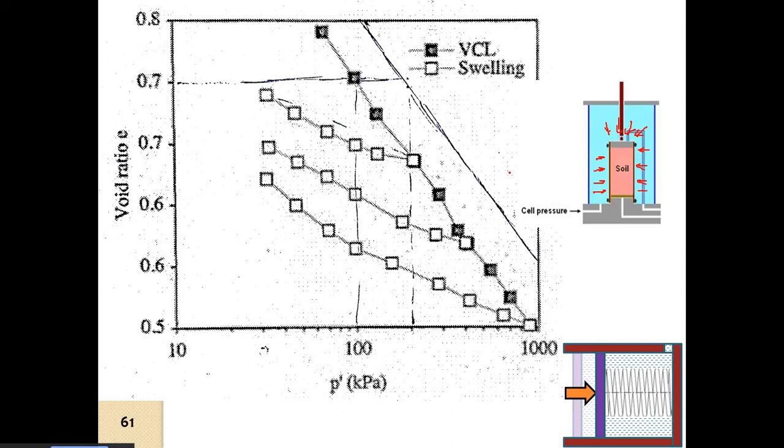So what happens is that we are doing isotropic consolidation. Again, if we allow drainage to occur, there will be consolidation with increase in the effective confinement.